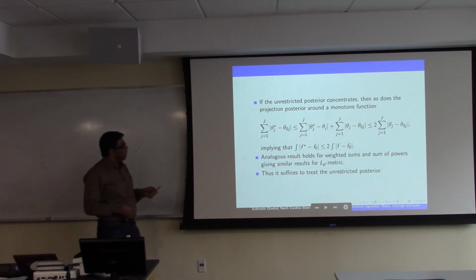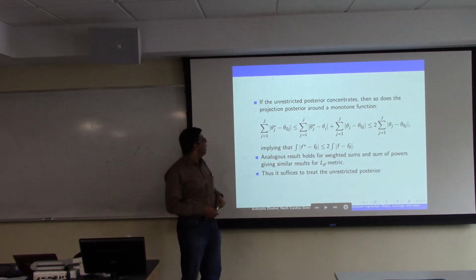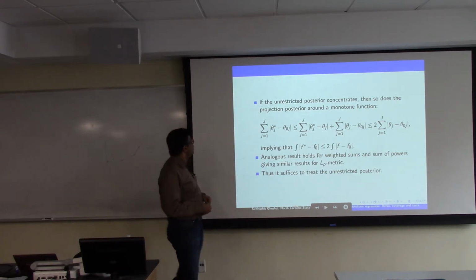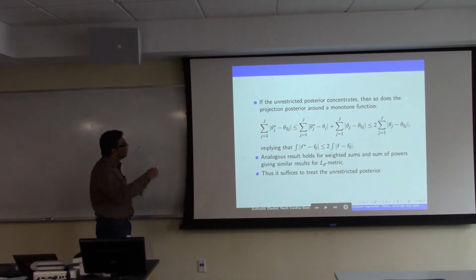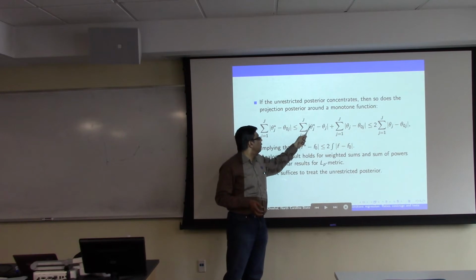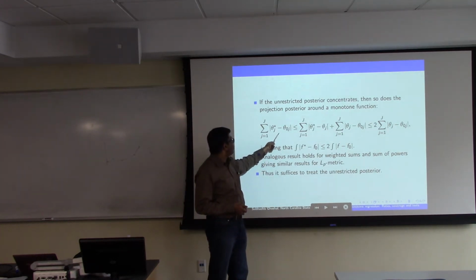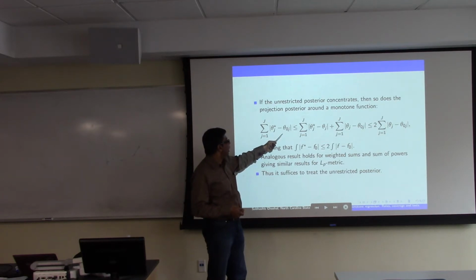This shows that yes, because the distance between the projection posterior sample and the true value can be bounded as follows. Remember, the definition of projection is that it is the point in this collection of monotone sequences that minimizes the distance between the theta j sequence and the theta j star sequence. So therefore, this is just the triangle inequality.